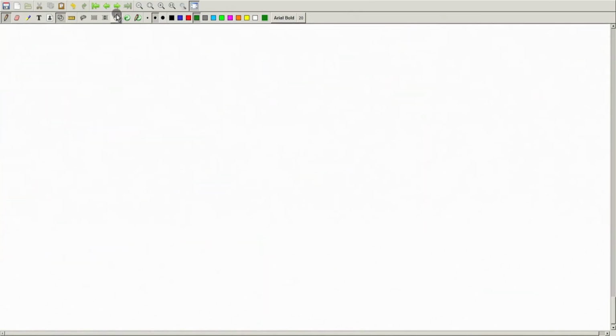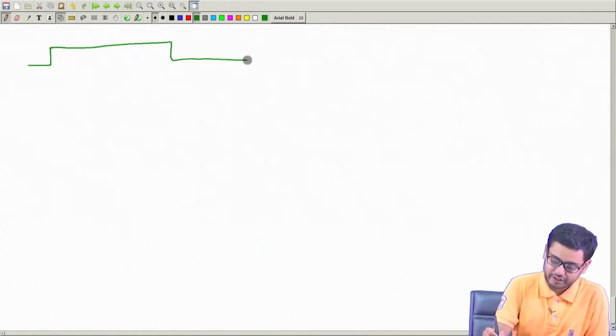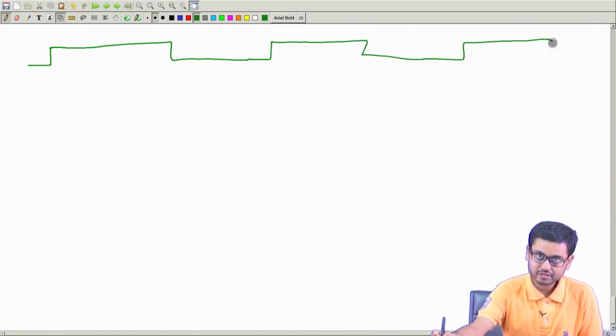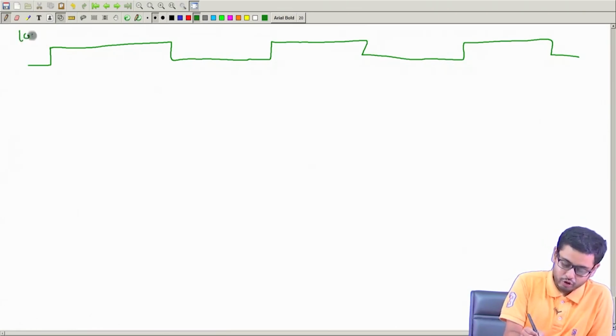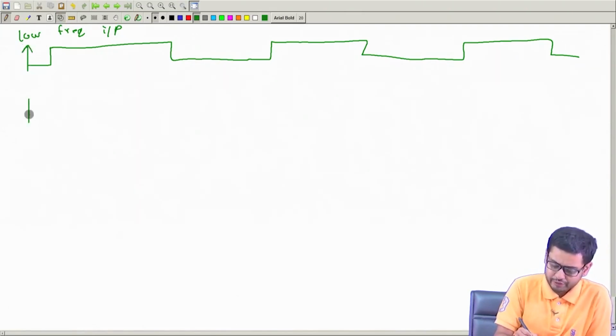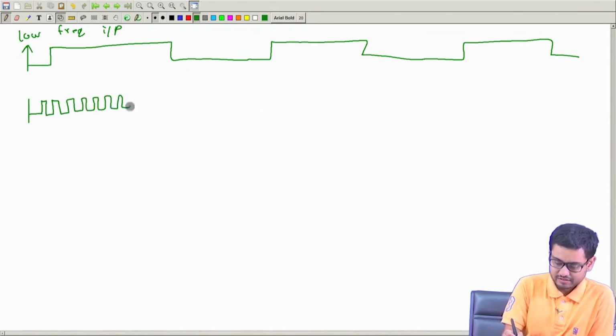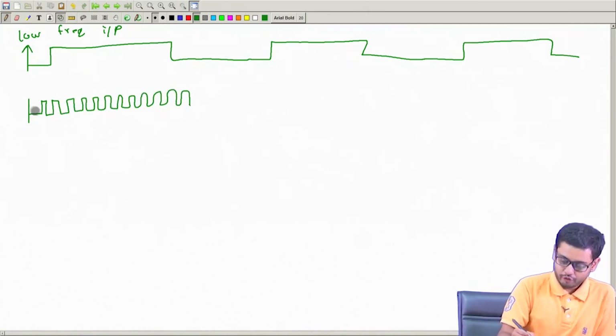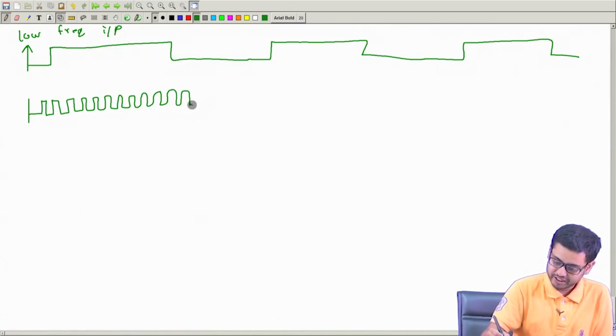So, if my input signal is of low frequency, so this is a low frequency input, then I can use a high frequency reference signal, okay, which is much higher frequency than this input signal.